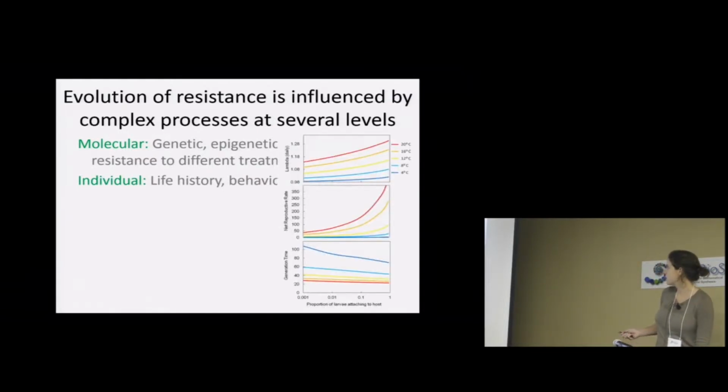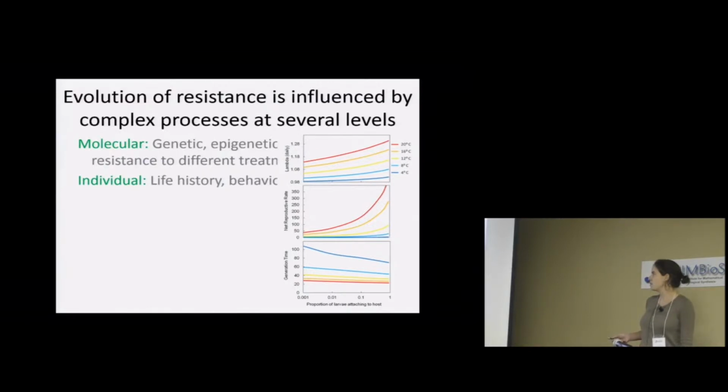This is just results from a population matrix model we did showing the life history of the sea louse. And what you see is that we have different temperatures here, and this is our population growth rate. So as we increase the temperature, the population growth goes up dramatically. And this is due to increases in reproduction as well as decreases in generation time.